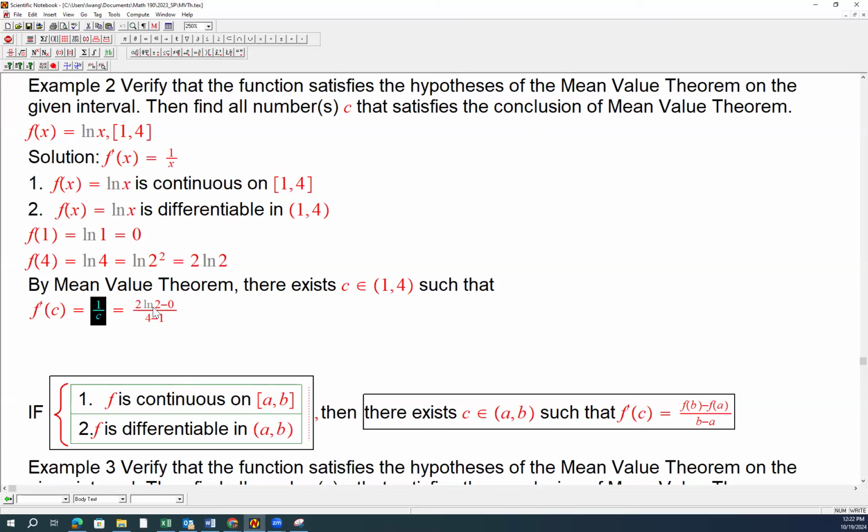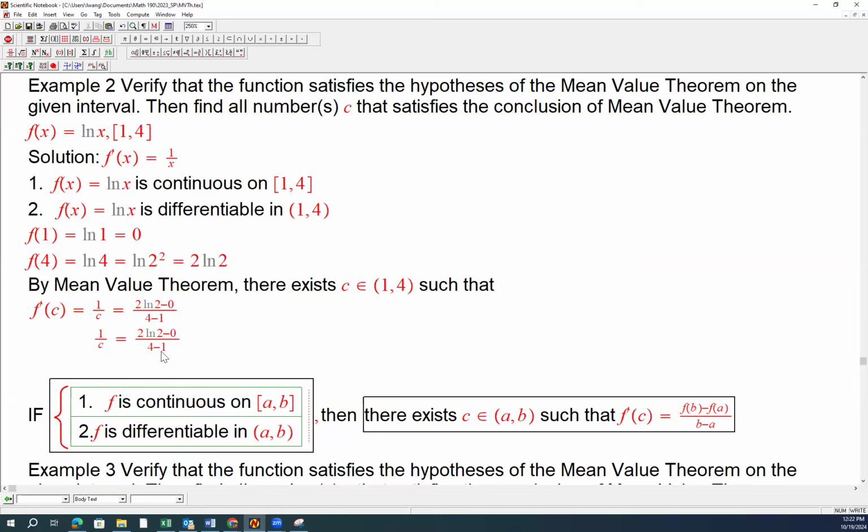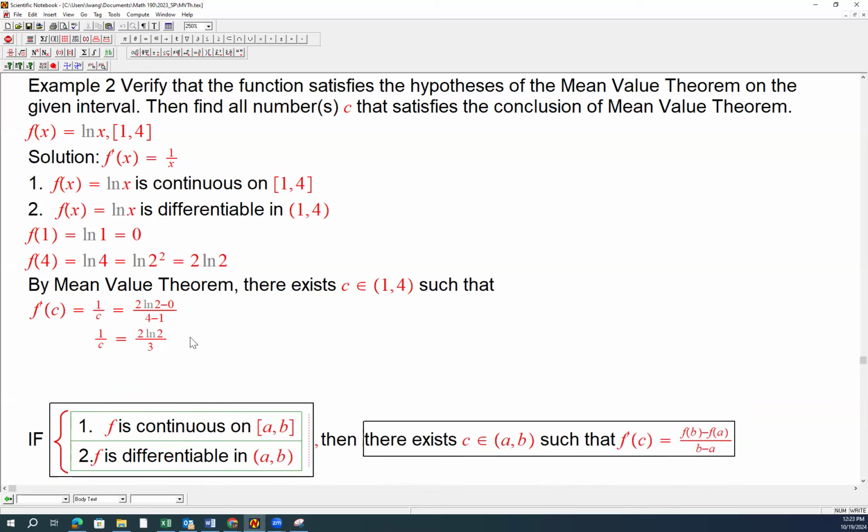So now we're solving this equation for c. Let's do a little bit of simplification. And minus 0, we can drop it. And this is a 3, right? And what does c equal to? Well, we can just flip over both sides.